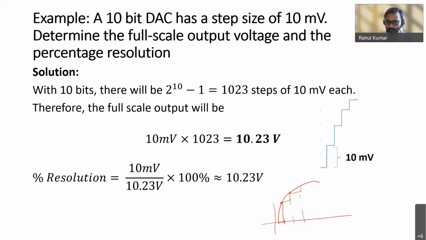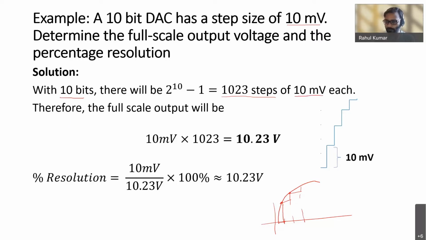Since we are given the number of bits, we can calculate the number of steps, right? It will be 2 to the power n minus 1, and that comes out to be 1023 steps. Each step, we are given, is 10 millivolt, right?